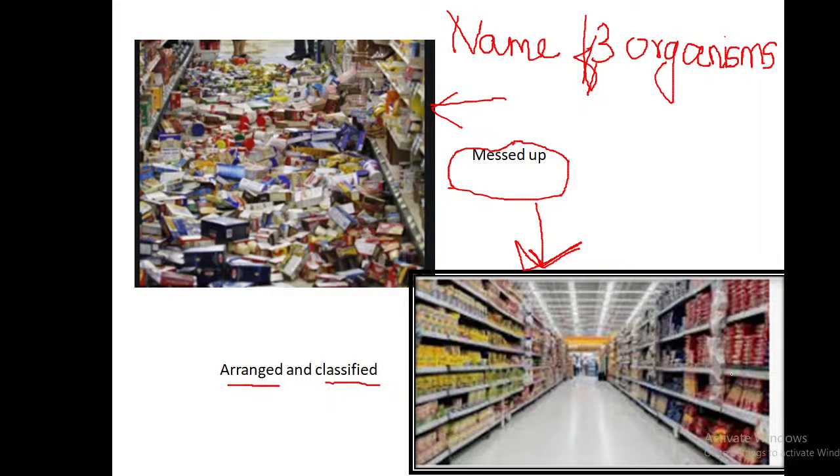So in taxonomy, it is similar to this. Organisms with similarities, which are alike, are all put in one place based on their characters: based on the external morphological characters, based on its physiological characters, based on its anatomical structure, based on its molecular relationships, the animals are put in different groups. That is what is done in taxonomy: arranging and classifying organisms.